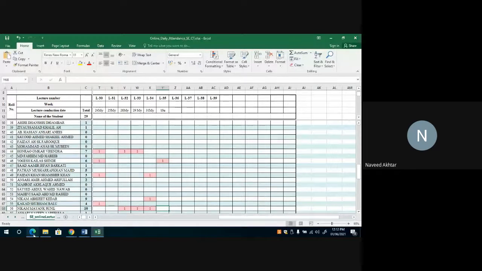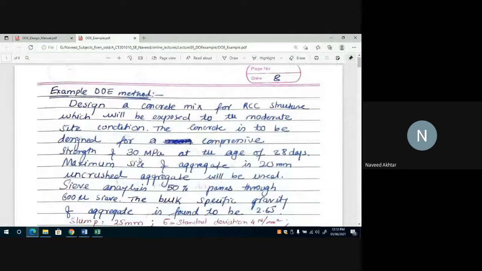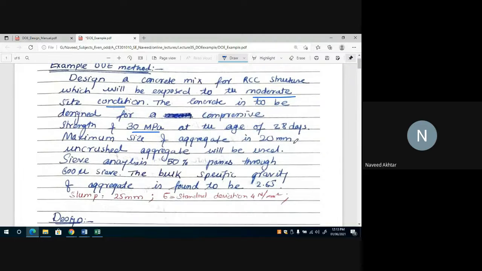So this is the example we are going to see today on design of a concrete mix for the RCC structure, which will be exposed to the moderate exposure condition. The concrete is to be designed for a compressive strength of 30 MPa. So FCK is given here at the age of 28 days, and the maximum size of aggregate is 20 mm uncrushed aggregate.